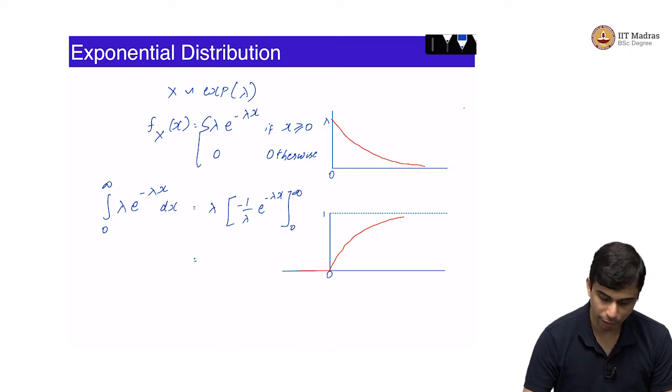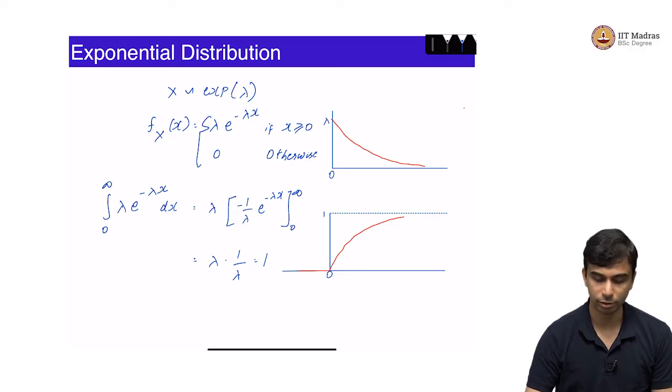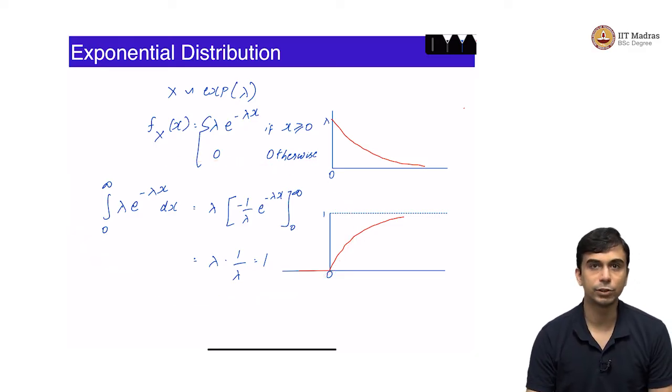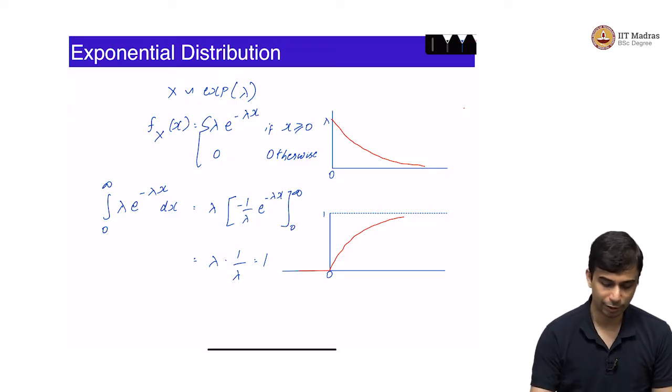Well, this is clearly equal to lambda into 1 by lambda, which is equal to 1. So if you integrate the density function from 0 to infinity, you get back 1, which means that the area under the curve is equal to 1. So this is a valid density function.